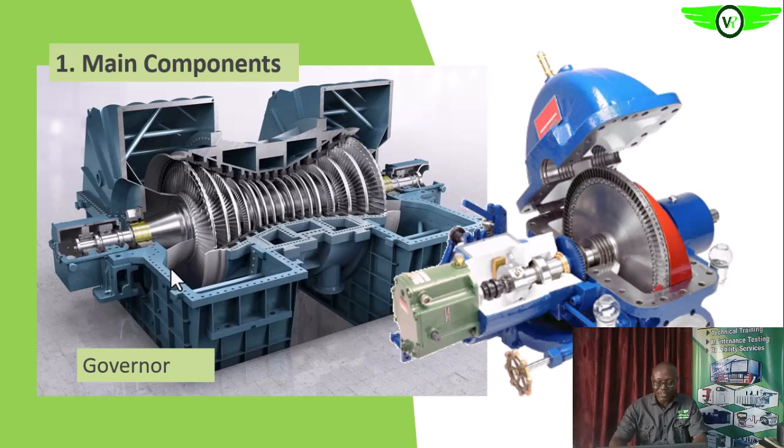So we also have another major component, which is the governor. The governor controls the amount of steam that is injected into the steam turbine. Why is it doing this? It is doing this to control the speed of the steam turbine.